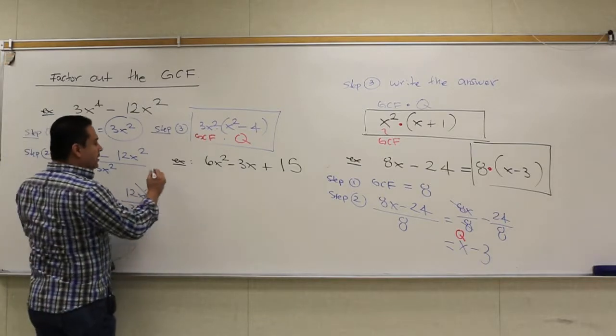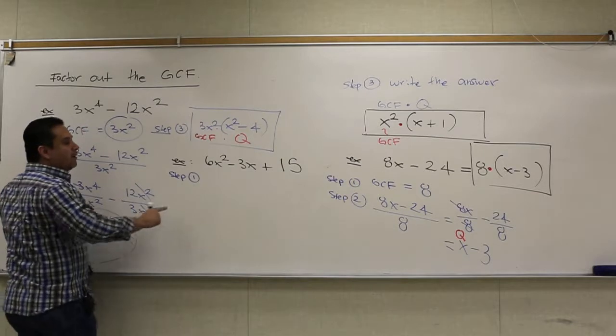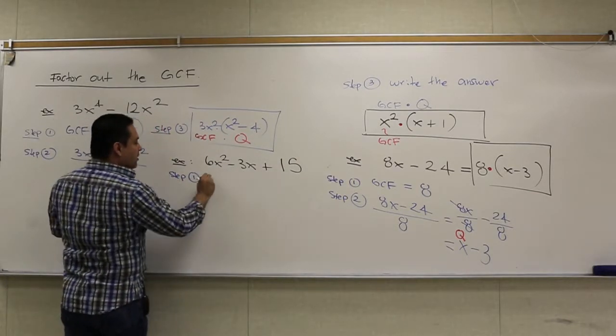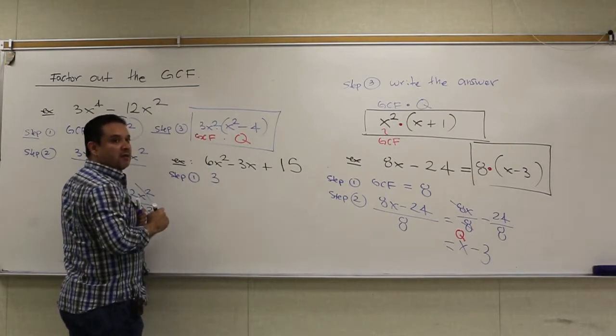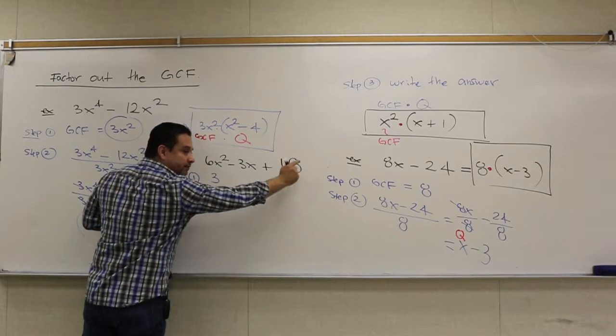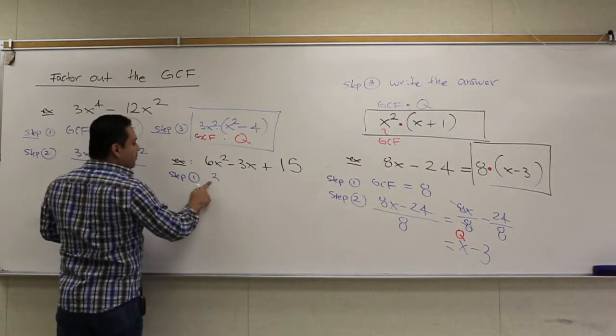Okay, so step 1. What's the greatest common factor of 6x squared, 3x, and 15? Just 3. Why not an x? It's not even common. This term doesn't have an x. So the greatest common factor here is going to be just the number 3.